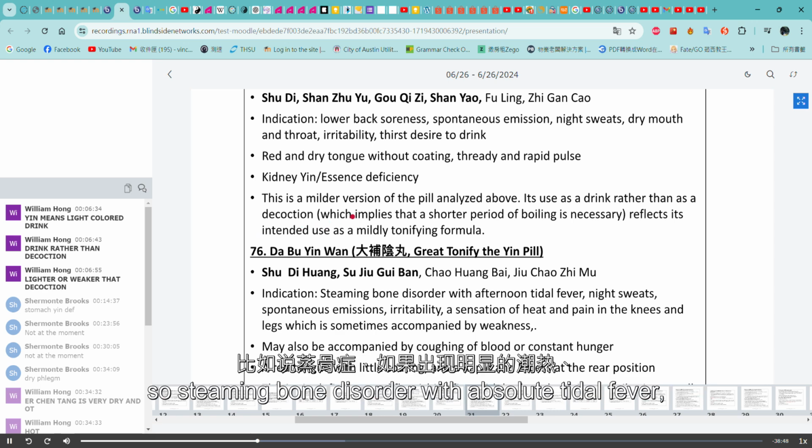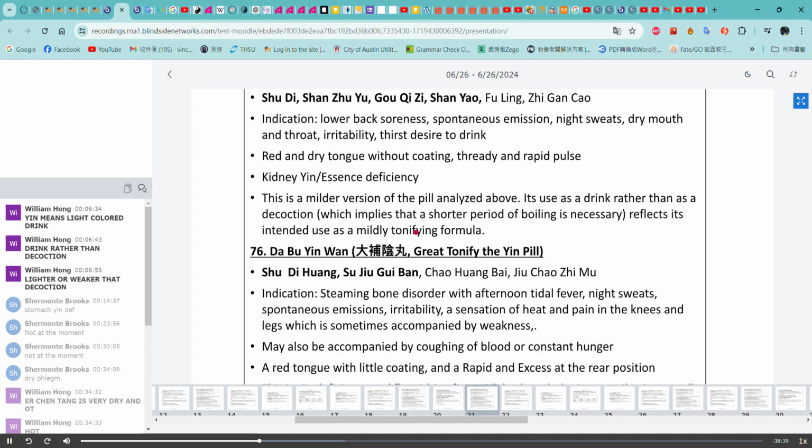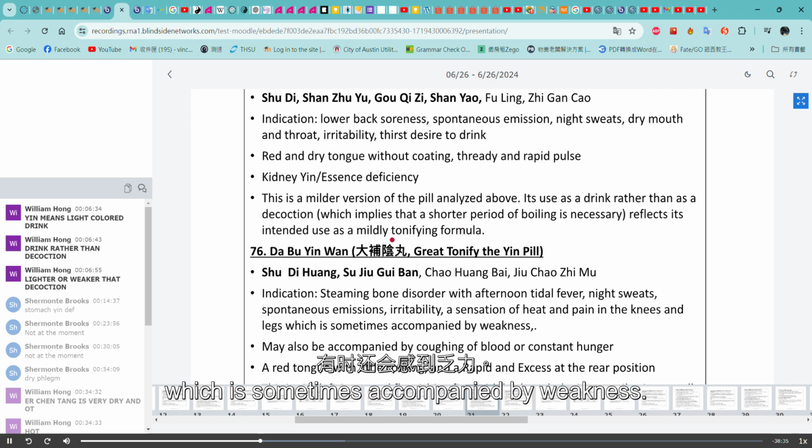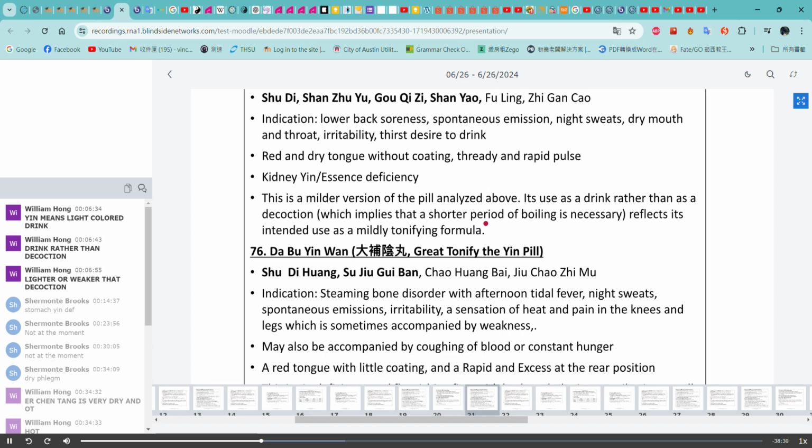Anyway, so steaming bone disorder with afternoon tidal fever, night sweat, spontaneous emission, irritability, a sensation of heat and pain in the knees and legs, which is sometimes accompanied by weakness. So they say something about deficiency here.